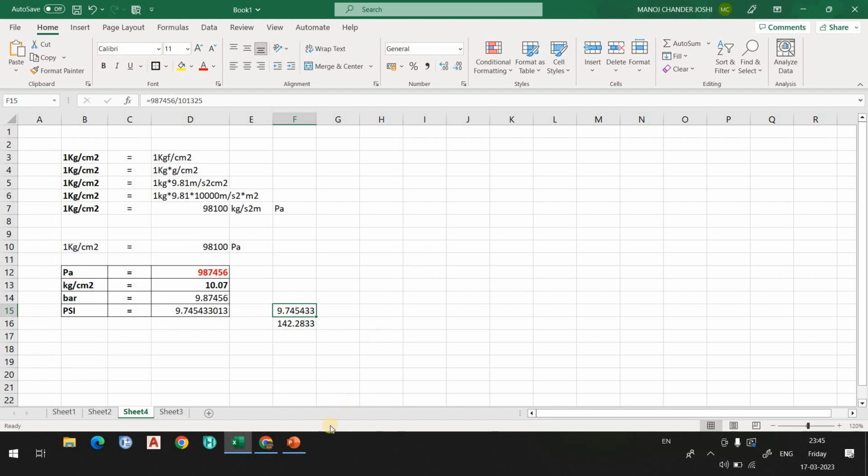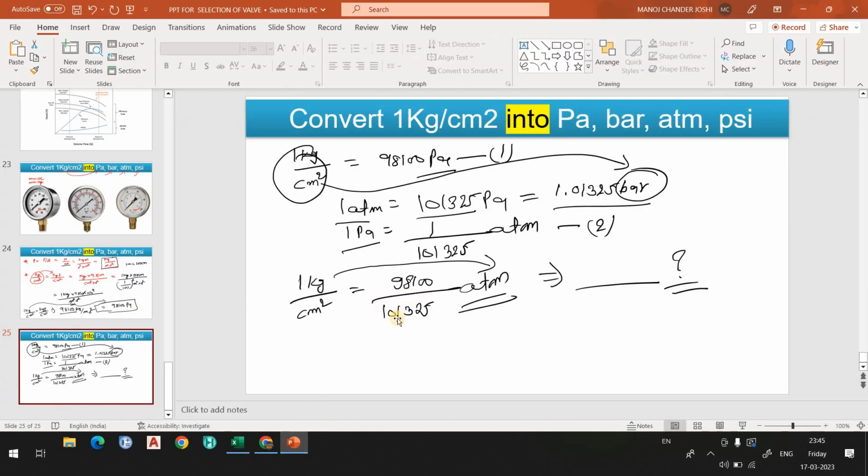Why? Because you know that 1 atm is equal to 101325 Pascal. So 1 Pascal will be 1 divided by 101325 atmospheric pressure, right?